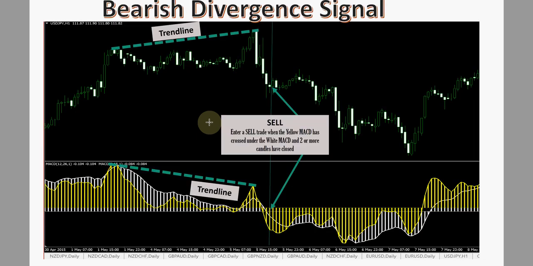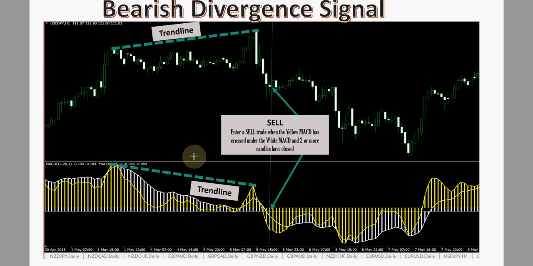Now we have the bearish divergence signal. What is divergence? You need to understand what divergence is. It occurs when the price of a financial instrument and the value of an indicator move in opposite directions. If we join these two highs together, the previous high and the current high, with a trend line, it shows price is going up.